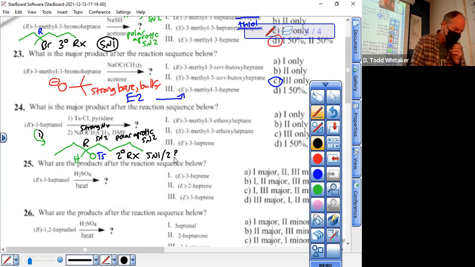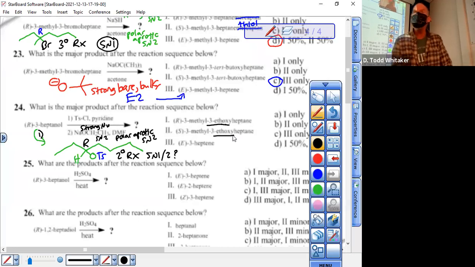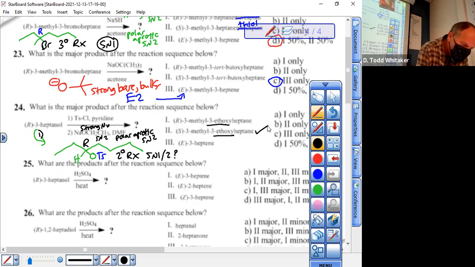So we're looking at an SN2 that puts an ether, an ethoxy group, onto carbon 3. Backside attack, why? SN2. Backside attack on an R stereocenter gives S. So I like choice 2 only.